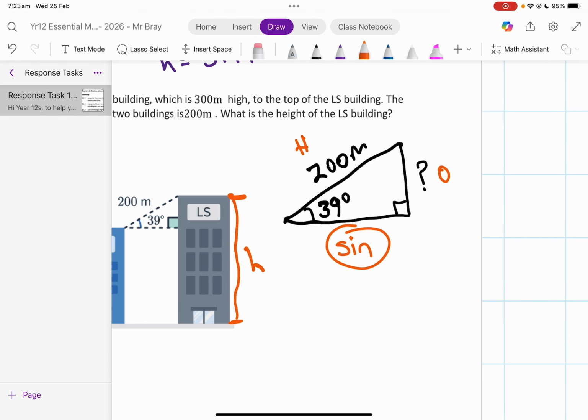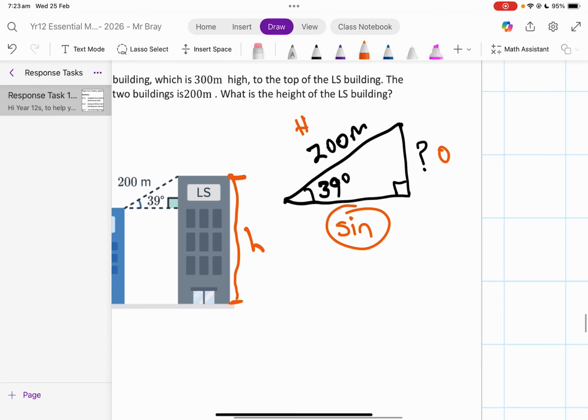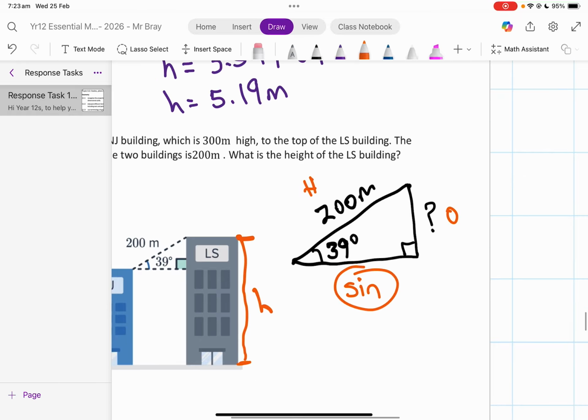I would strongly recommend, by the way, writing those SOHCAHTOA pyramids into your page of notes. But yeah, what you should find, we have a pyramid with sine here.